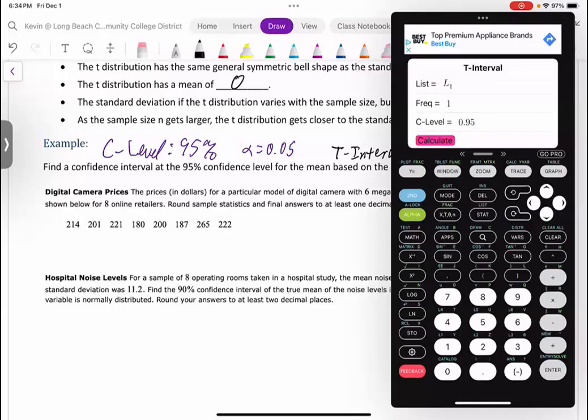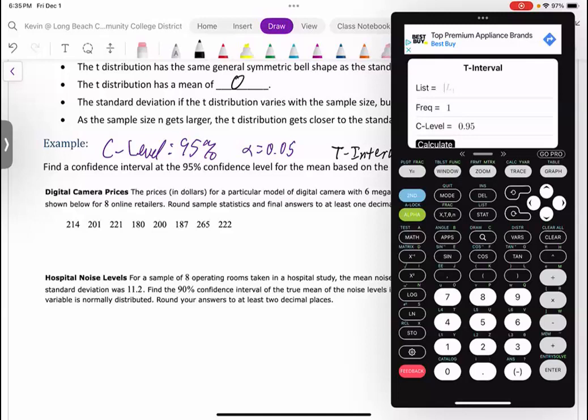It's still 95, so we're good. So we hit calculate, and we are done. Oops, I didn't change it to list 2, sorry. So that's a good lesson there. Make sure you change it to the right list.